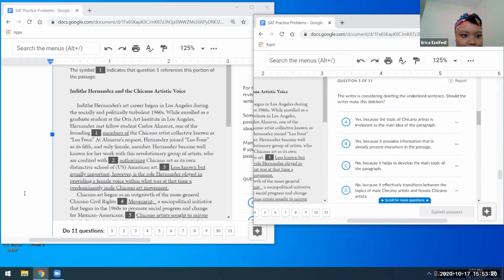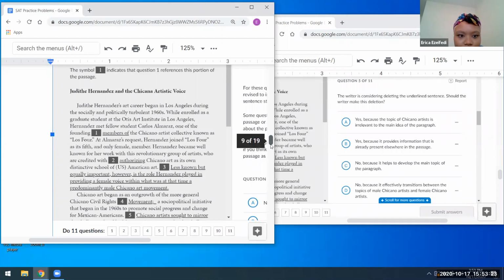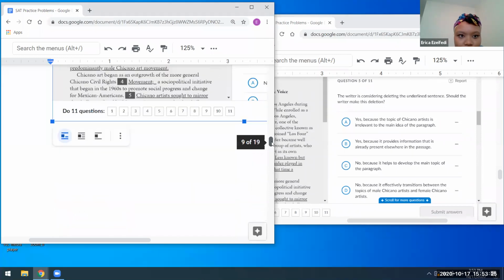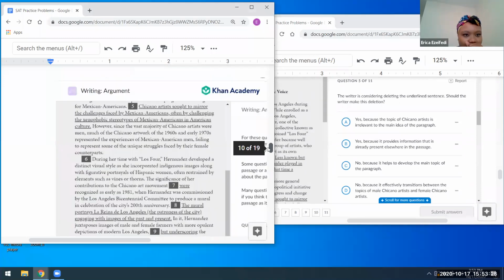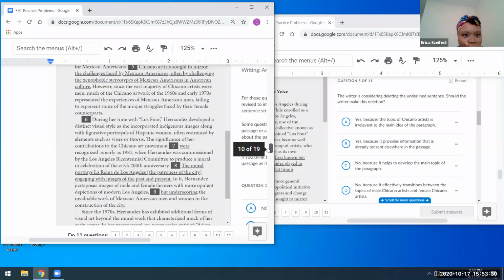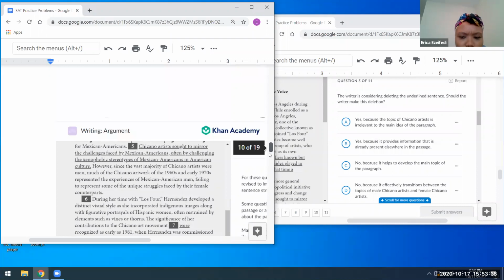Okay, might not be able to see that whole thing. So the writer is considering deleting the underlined sentence. Should the writer make this deletion?